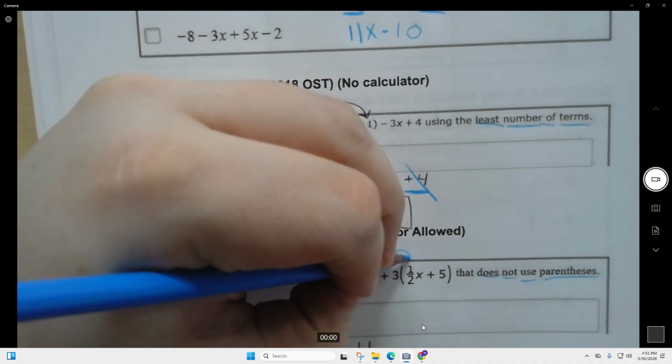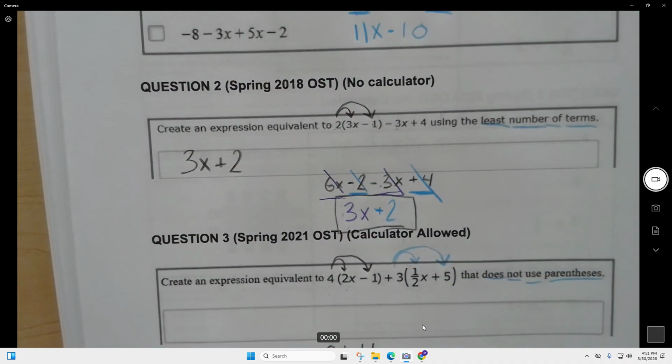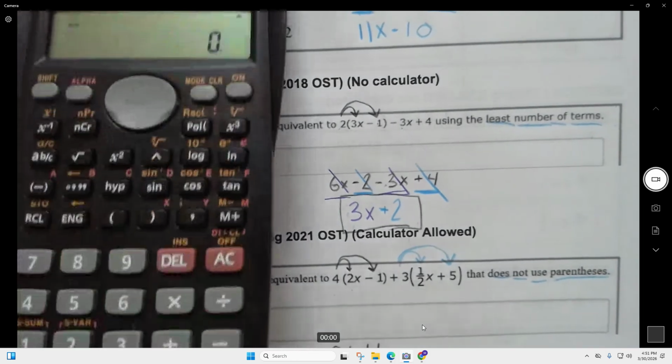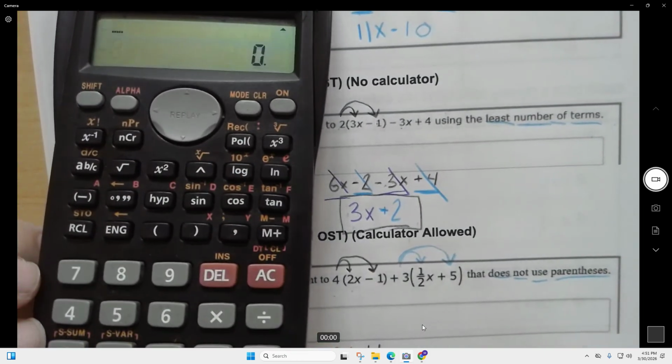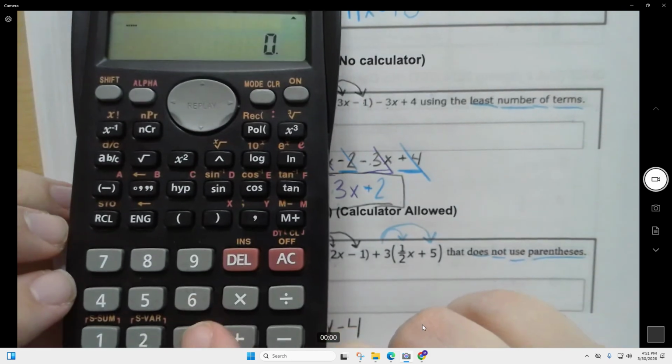Then we distribute 3. And I apologize if you see me fumble with the calculator a little bit. I'm used to different calculators, but from my understanding, these are the ones you're going to use in the test, so these are the ones I want you to see in these videos. Okay, so let's do 3 times 1/2 x.